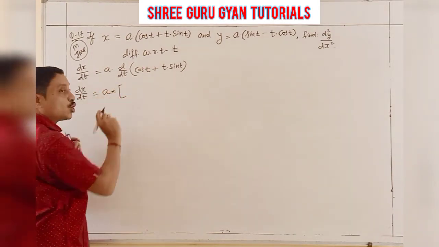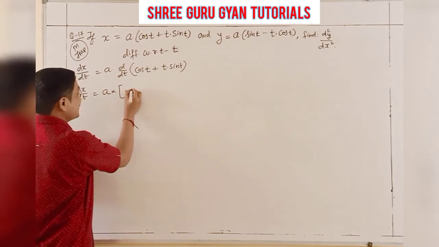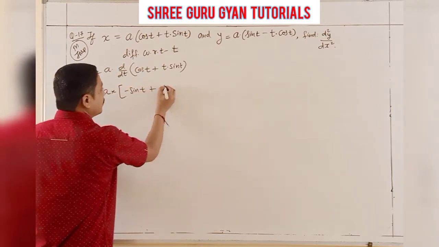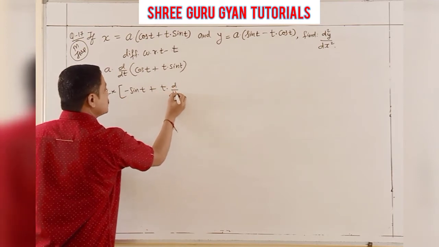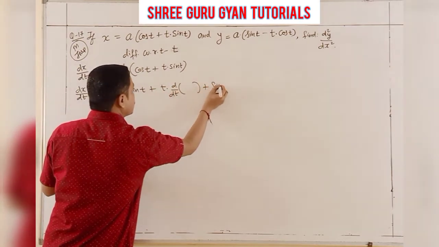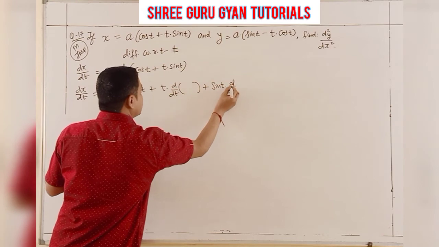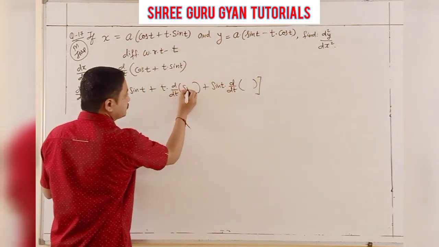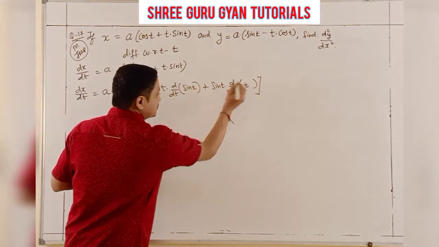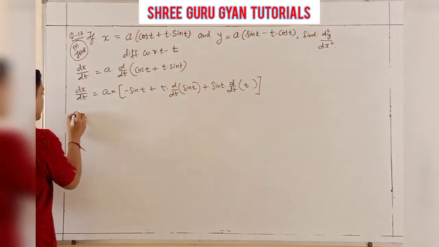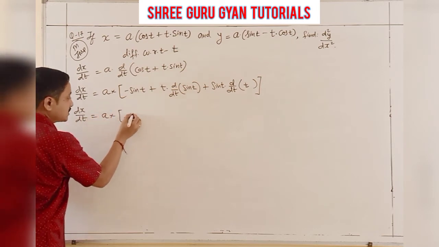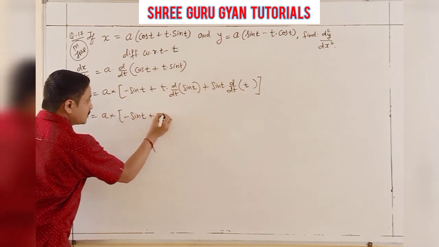So dx by dt, what is the cos t derivative? Yes, you are correct, minus sin t. And here, first, second order; second, first order. So sin t here, that is the t. So dx by dt, you are getting minus sin t, then t.